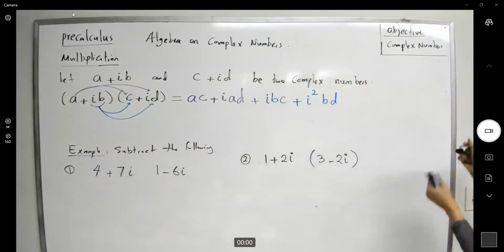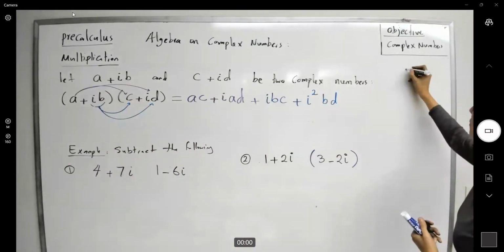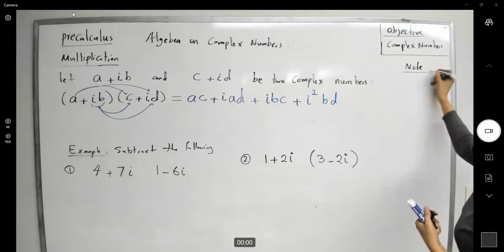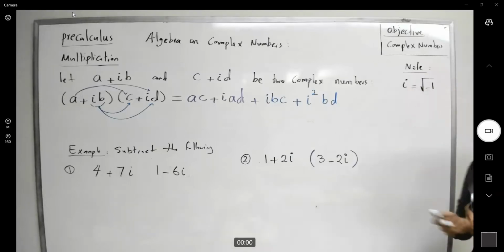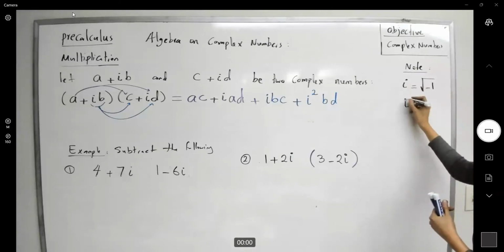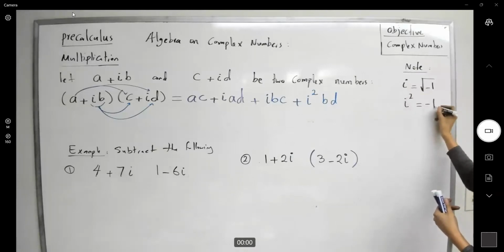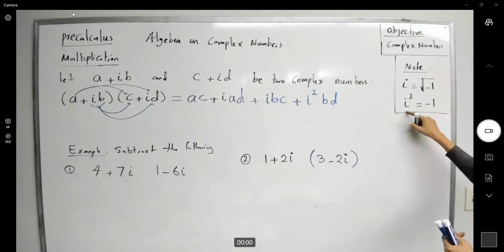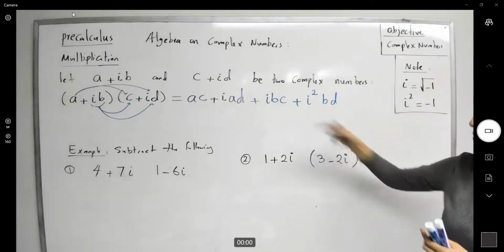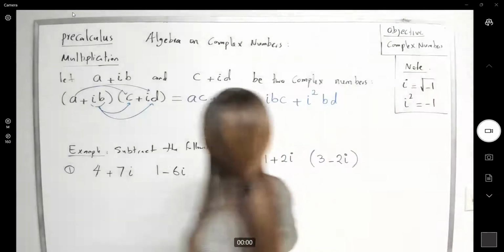Quick note. We learned that i is equal to the square root of -1. So i squared is always -1. Wherever you see i squared, you have to write -1. So what do we have?